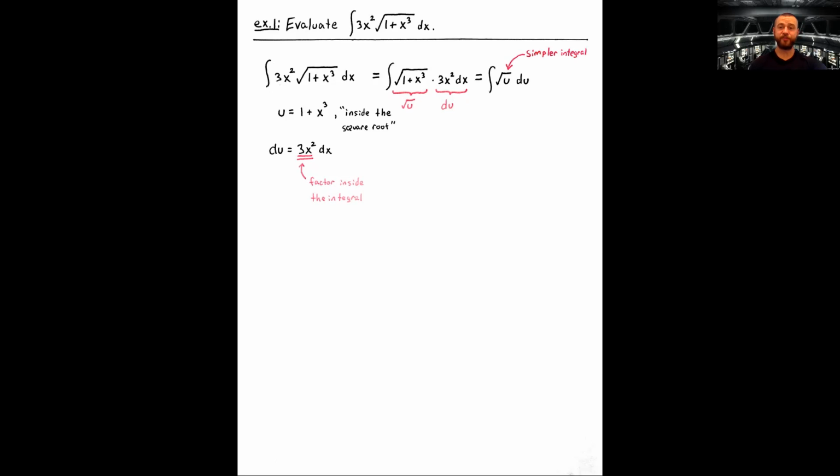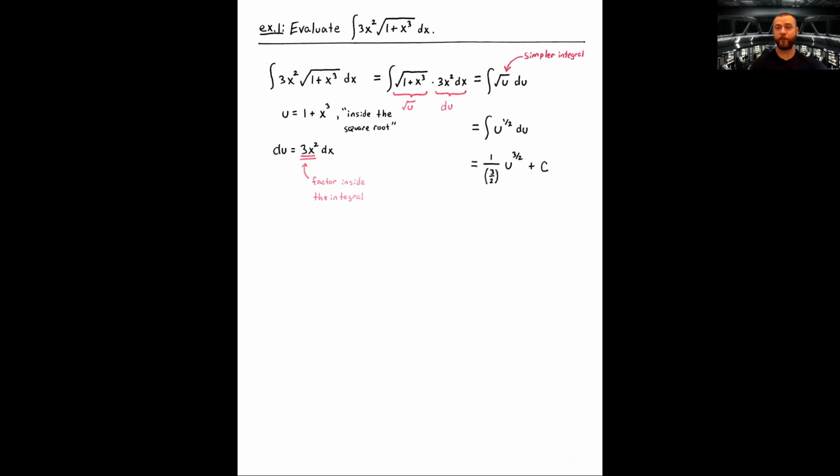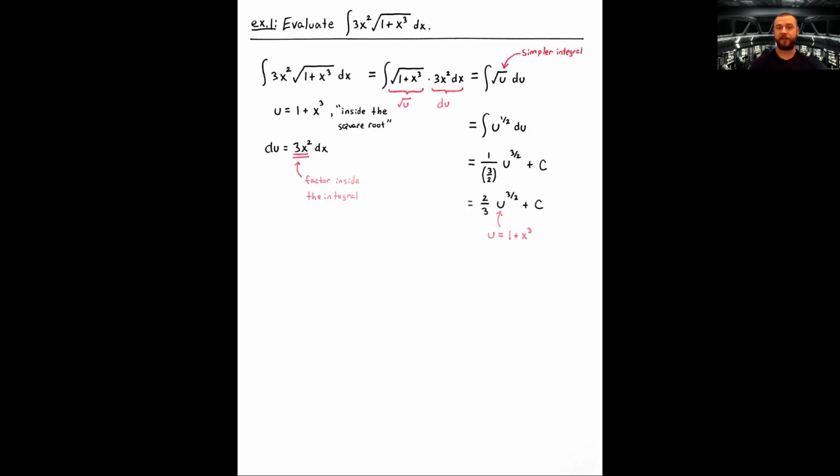This is also conceptually simpler because square root of u, you can rewrite that as u to the 1/2, and now you can apply the basic power rule for antiderivatives. Add 1 to the exponent, 1 plus 1/2 gives you 3/2, divide by that new exponent, and we're basically done. Now, since we're starting with an indefinite integral in x, we want to give our antiderivative in that same variable x.